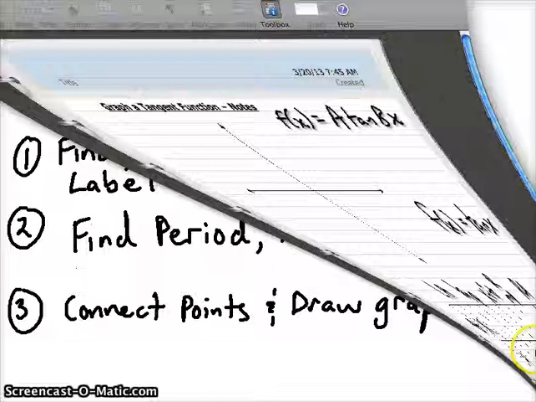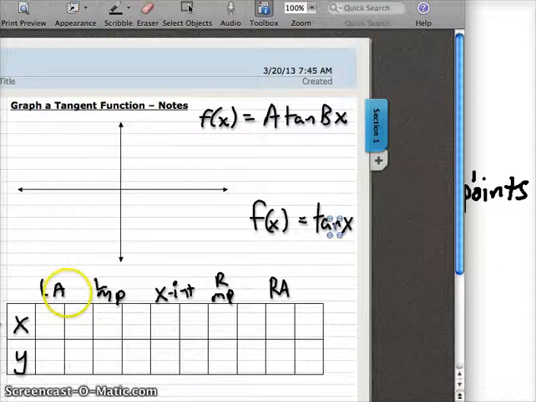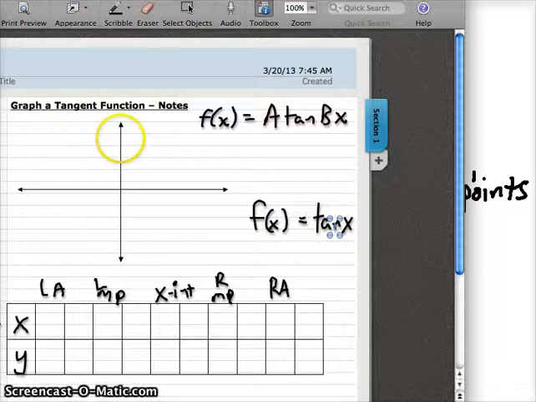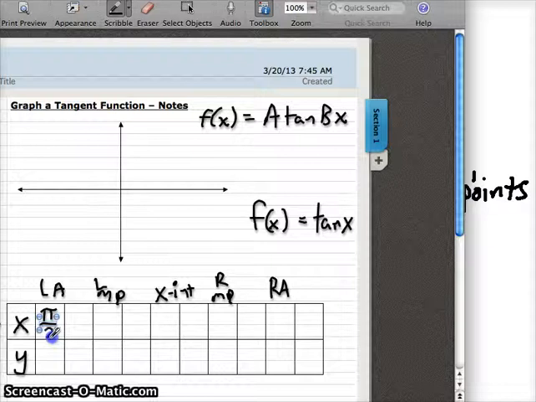Alright, so getting back to our example here, tangent of x. To find the left asymptote, I'm going to do pi over 2b. And since b is 1, that's just going to be pi over 2.